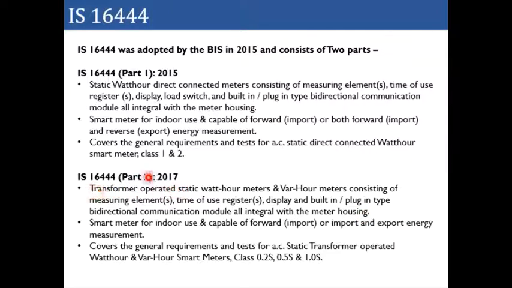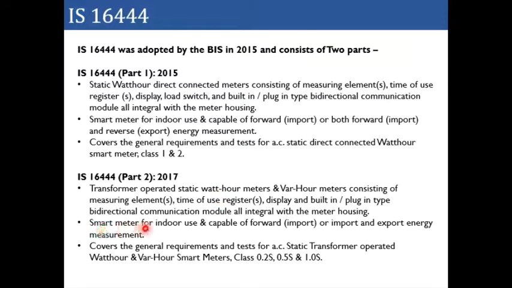So these are transformer operated, means CT operated, generally used for huge loads because you need CT for converting the high current to low current for measurement purposes. So that's why these are called LTCT meters or CT operated meters.